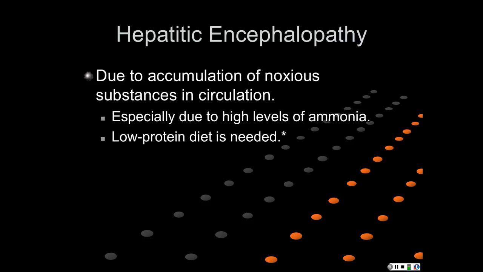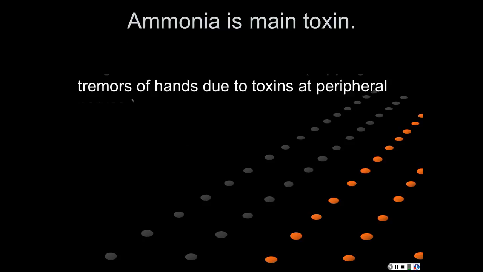And then hepatitis, I'm not sure about that. I guess I did say hepatic encephalopathy, due to accumulation of noxious substances in circulation, mainly due to high levels of protein. Anytime that you see encephalopathy, protein, you should expect that the diet is going to be reduced in protein because of the risk.